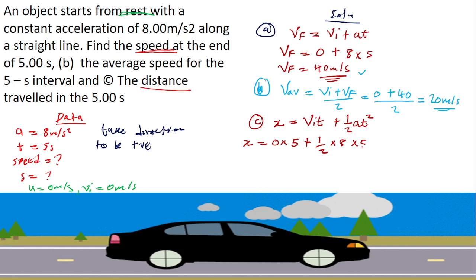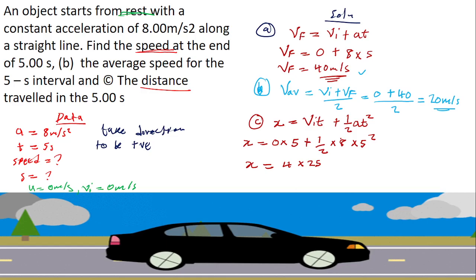So x is simply equal to, if you work that out, 5 squared, which is 25, and then 25 times 4, because 2 into 8 is 4. So 25 is coming from 5 squared, and 4 is coming from half of 8. Then the first term, 0 times 5, is simply 0.